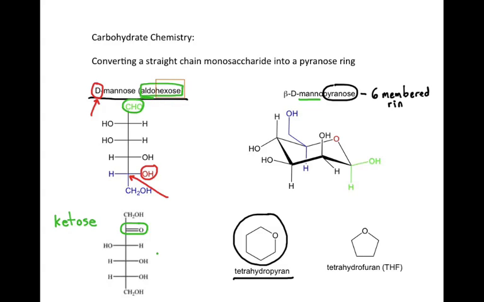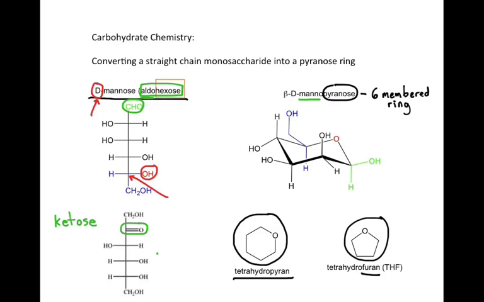And again, typically with carbohydrates, there are a couple forms. You can have the pyranose form, which is the 6-membered ring with the oxygen, or you can have a furanose form, and that is derived from the term tetrahydrofuran, also called THF, and that's simply a 5-membered ring where one of the atoms is an oxygen.